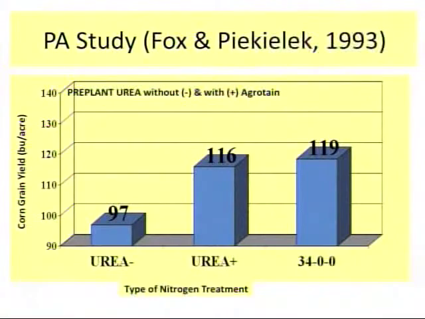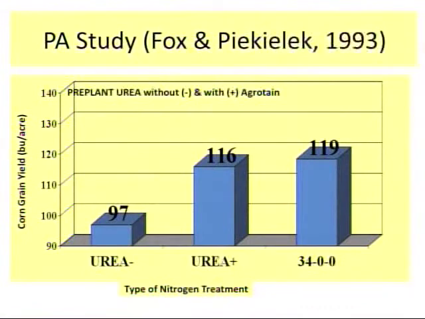If we go on to the next slide, this is actually a data set published by Dr. Dick Fox, who's now retired, but he worked in nitrogen fertility at Penn State University for many years, and this is published in the Agronomy Journal. This is a 3-year study in no-till corn where he was looking at urea with and without AGROTAIN, and then also, as Greg pointed out, ammonium nitrate is a product that will not volatilize on you, so that's your control and your check.